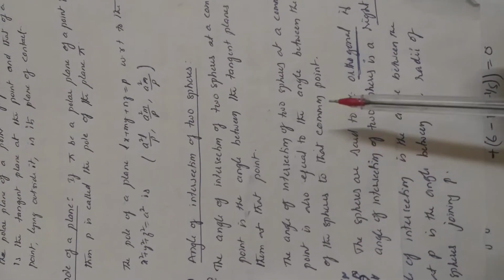Now the angle of intersection of two spheres at a common point is the angle between the tangent planes to them at that point. Right? Got it? Tangent plane means which touches the sphere at a unique point. Now, the angle of intersection of two spheres at a common point is also equal to the angle between the radii of the two spheres to the common point.